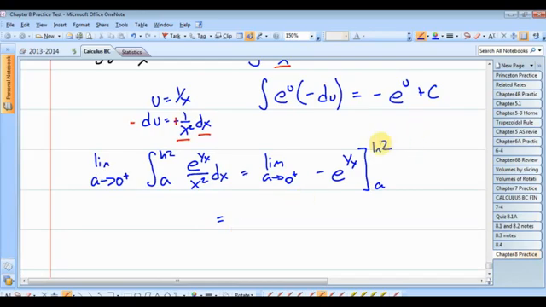Okay, I'm plugging in natural log of 2 first, so I don't actually need the limit for that. Minus negative.